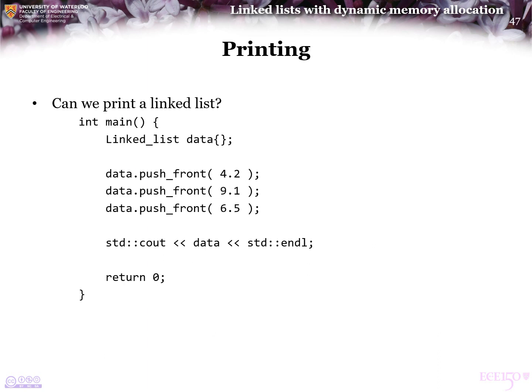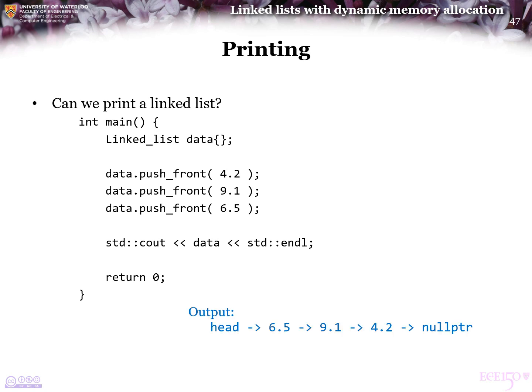Now, can we print a linked list? So for example, here I have a linked list with 3 nodes in it, and perhaps I would like to print that linked list to the screen. So I would like cout to be able to successfully print something to the screen when we pass it, or when we left shift, an instance of a linked list class.